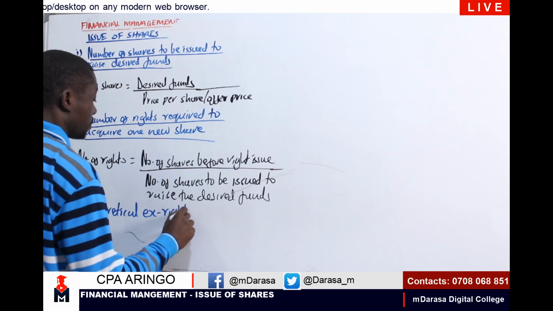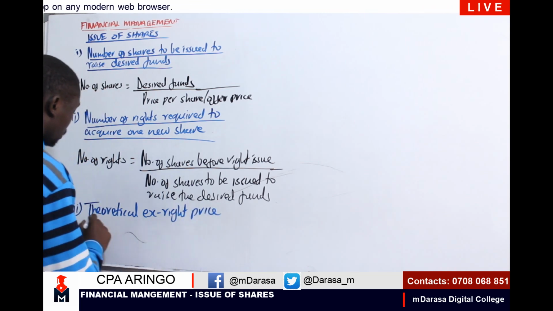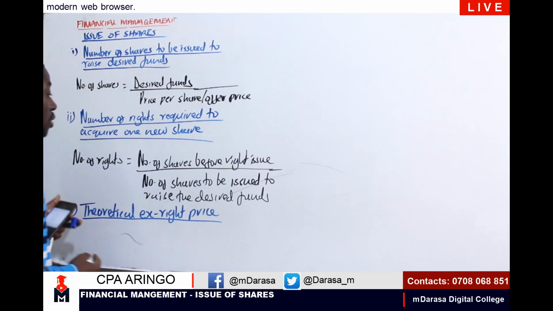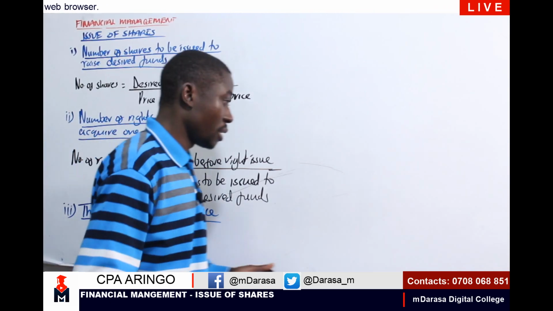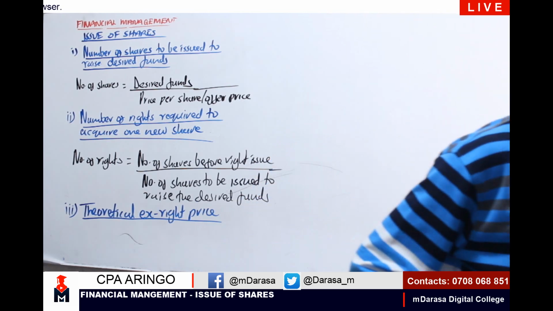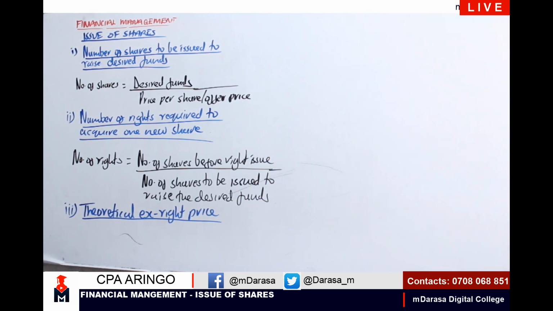I know if you are a student of FM, many times in your paper, you will come across theoretical ex-right price so many times, right? So basically, how will we achieve that?